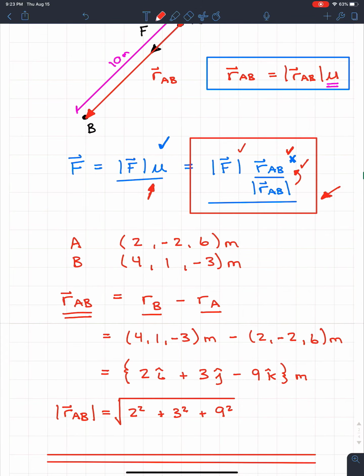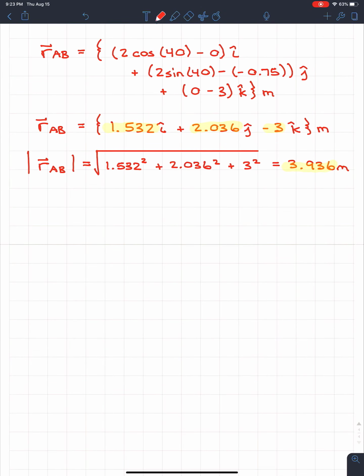So let's find that position vector, the unit vector u. So as we remember, the unit vector u, and this one's from A to B, is going to be equal to the position vector from A to B divided by the magnitude of A to B. Ta-da! So all we do is we take every component in the position vector and divide it by its magnitude.